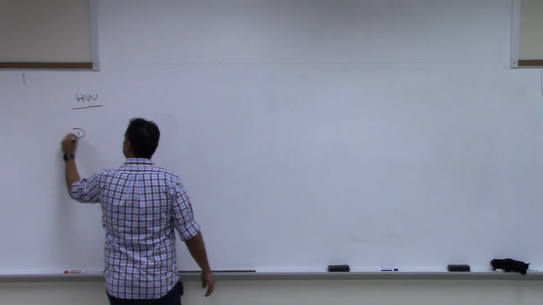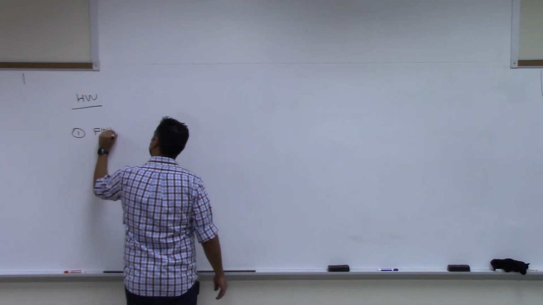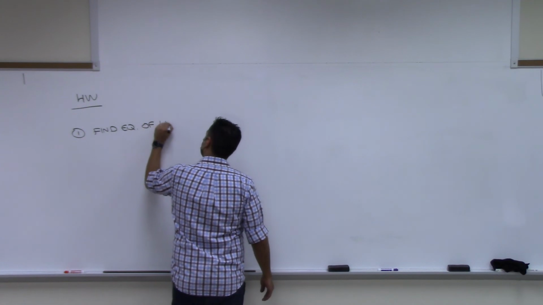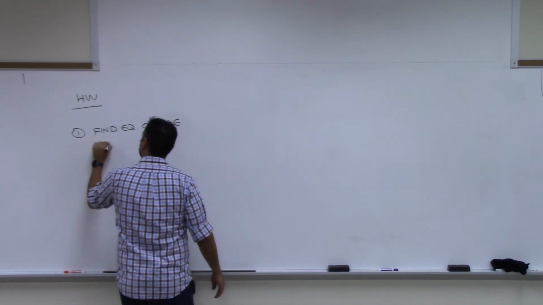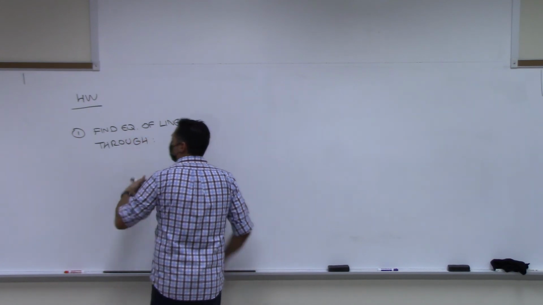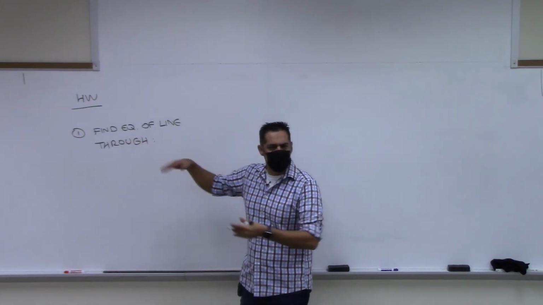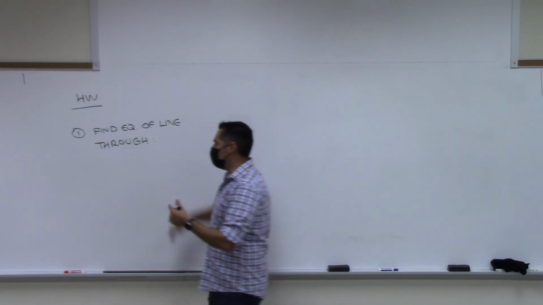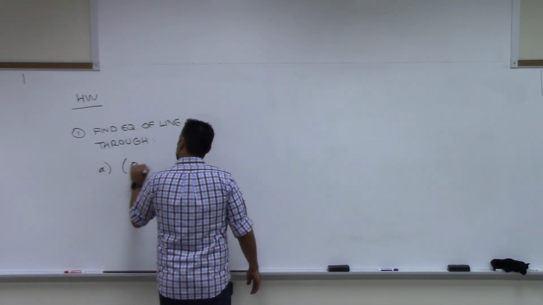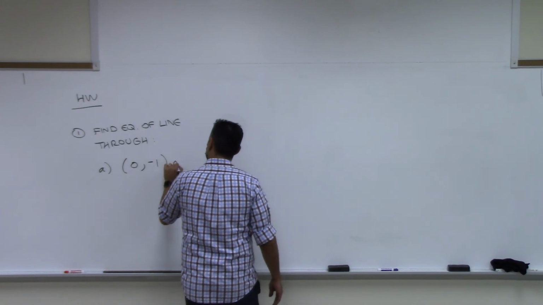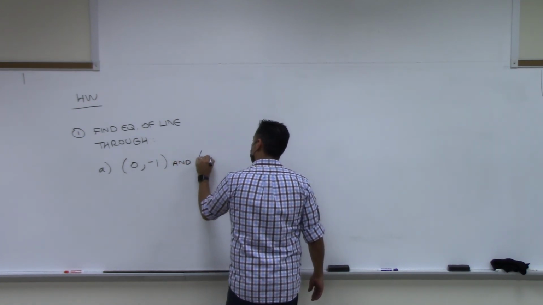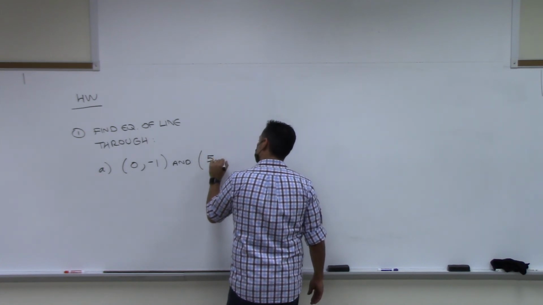So the first thing, find the equation of the line through. All right, I'm going to give you a couple of problems here, all right? You're going to find different equations. First, part A, through the point (0, -1) and how about (5, 0)?